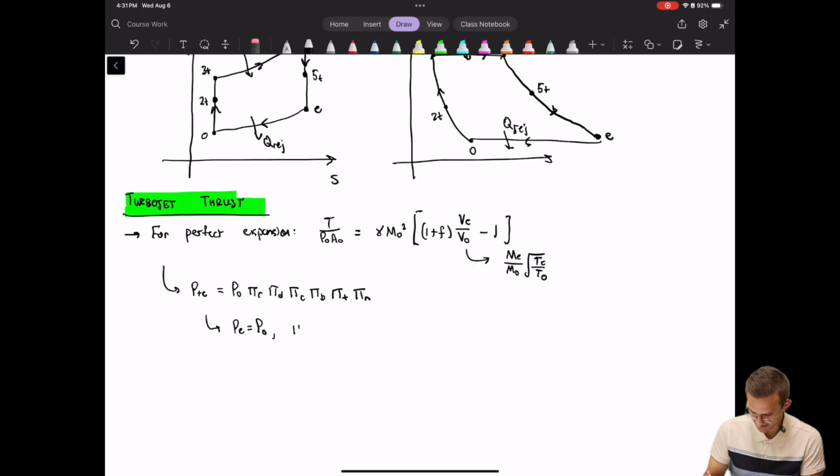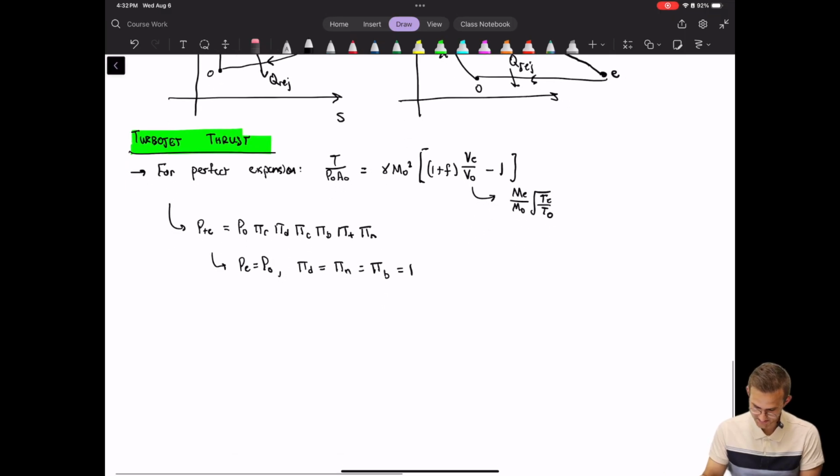We also have that pi D and pi N and pi B are all equal to 1. Okay, and that's isentropic flow in the nozzle and diffuser, as well as the ideal burner assumption.